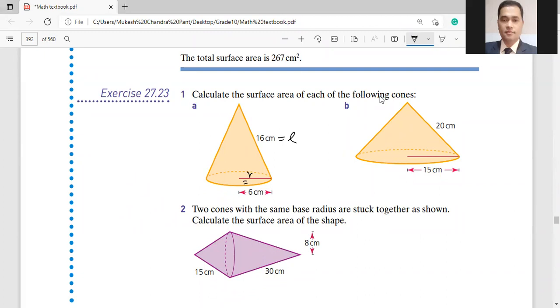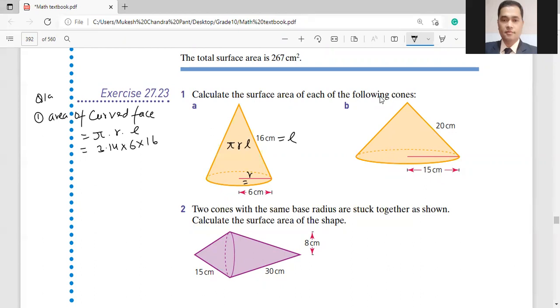So what do we find out? Question number 1A. First of all, we have to find the area of the curved face. What is the curved face? This is the curved face. Its area is pi times r times L. Pi means 3.14, r means 6, L means 16.